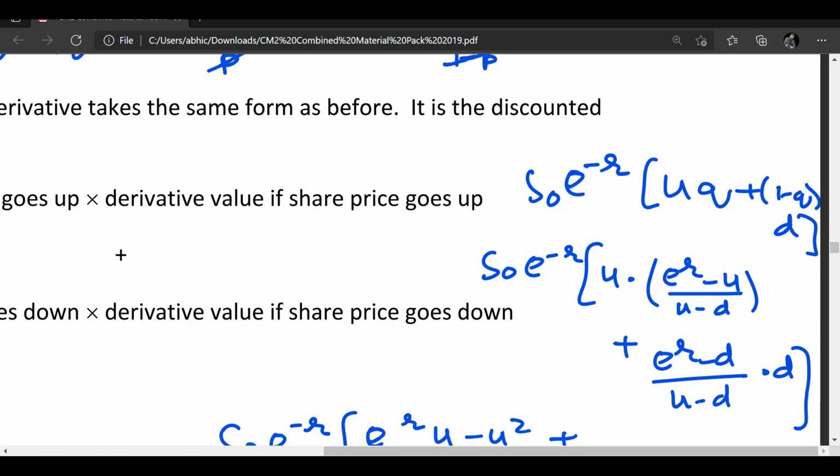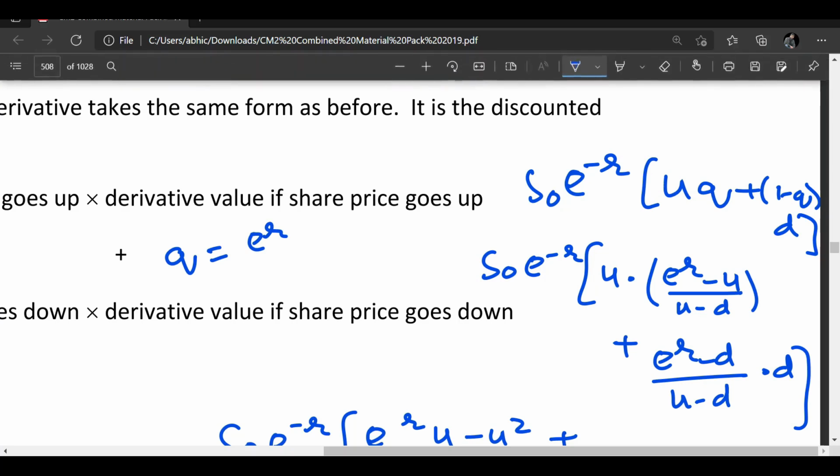I think I've written it wrong. Q was equal to e to the power of r minus d divided by u minus d, right? Yeah, this is what it was.